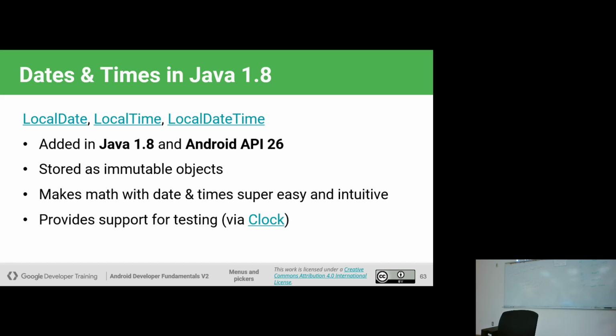It's only recently that we've been able to use the new features in Java, and we're still behind, right? So in API 26 or later, we can use all these Java 8 features finally. So if your app supports 26 or higher, you can use that.